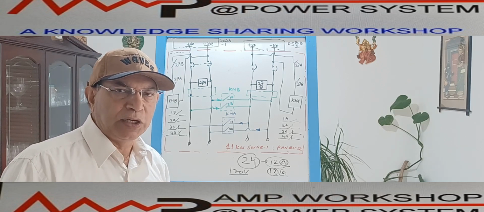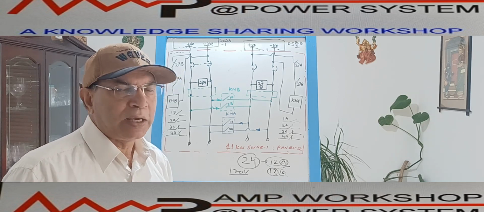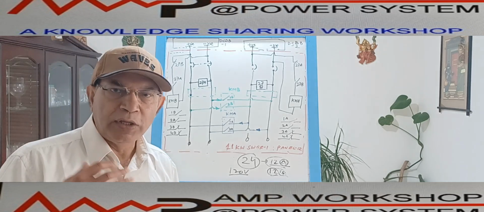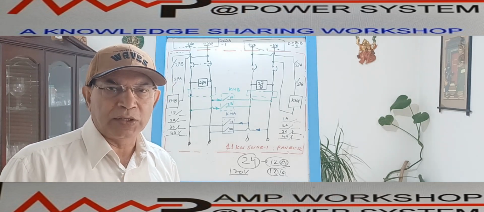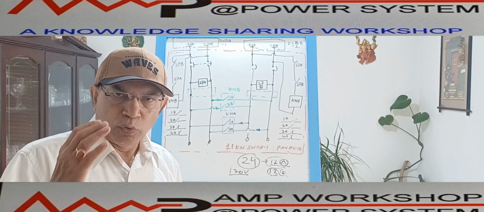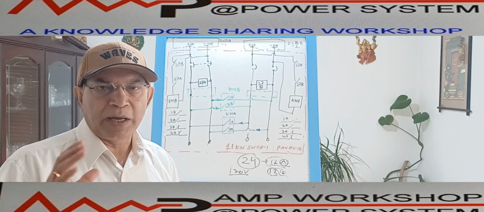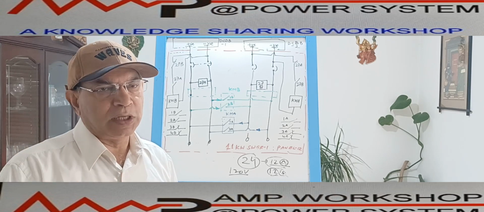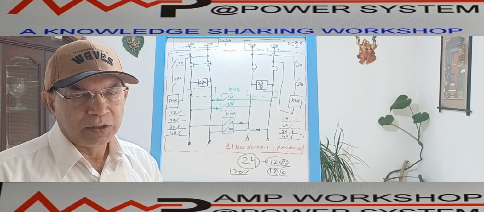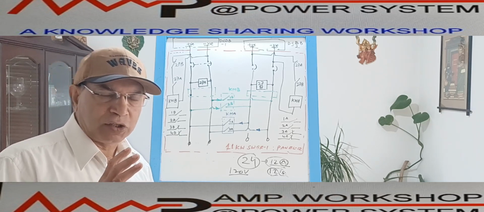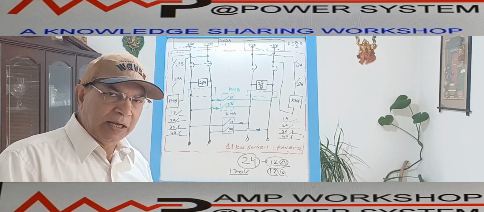But in case of AC, we cannot hook up two independent AC supplies directly without synchronization. So in that case, we have to make a changeover scheme in such a way that two independent sources supply a particular group of panels, and in case of failure of one source, only then the other source will go there. So direct hookup in case of AC supply is not possible, but in case of DC supply, we can directly hook up.